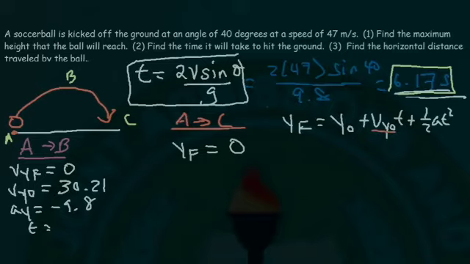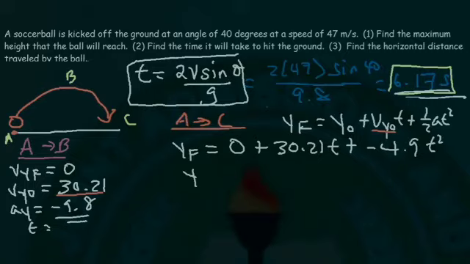Vy initial, that's V sine theta, we know it's 30.21. So we have 30.21 t, and a is negative 9.8. Half of 9.8 is 4.9, but it's negative 4.9 because a is negative, times t squared. So we have y equal to 30.21 t minus 4.9 t squared.